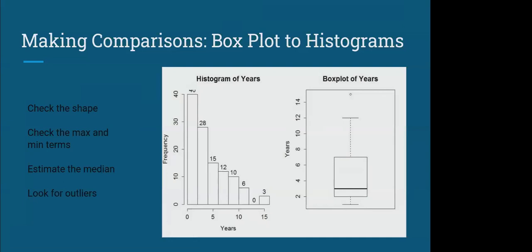So in our comparisons, we are going to check shape. We are going to check max and mins. We'll estimate the median. And then we're going to look for outliers. Because, again, like I said, these 2 graphs represent the same data.